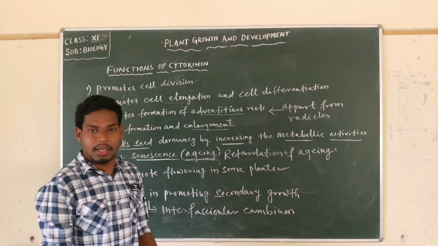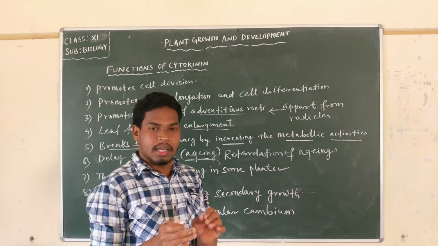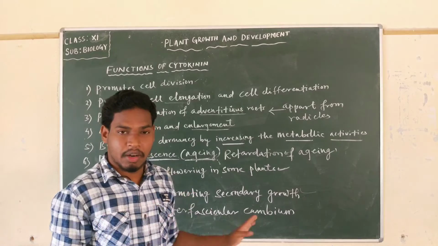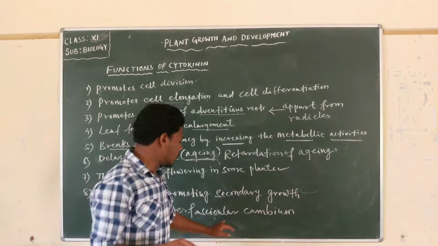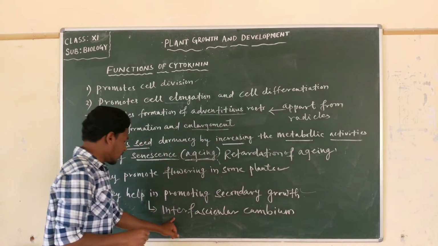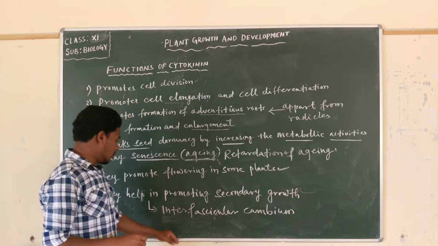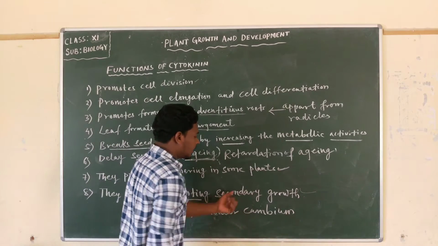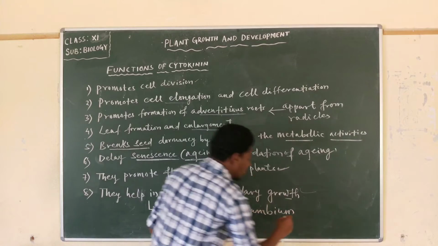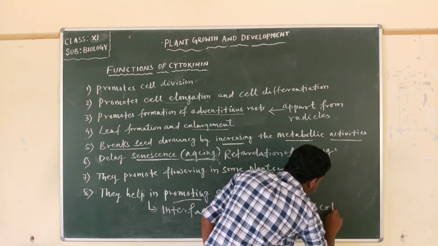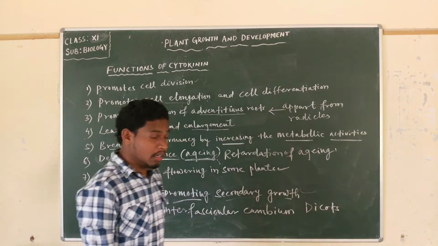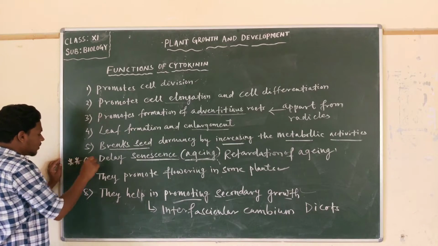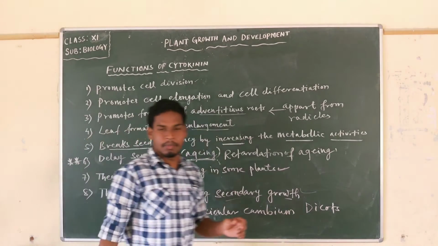And interfascicular cambium is the cambium found between two fascicular cambium, that means found between two intrafascicular cambium. So this helps in promoting secondary growth, mostly seen in dicots. And this is one very important point that we need to keep in mind.